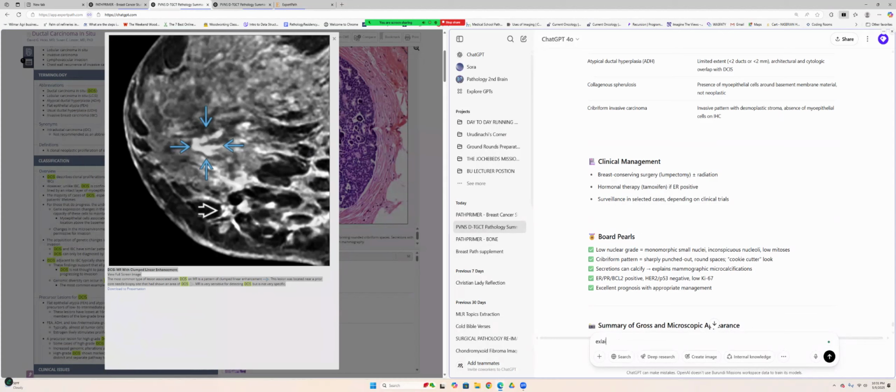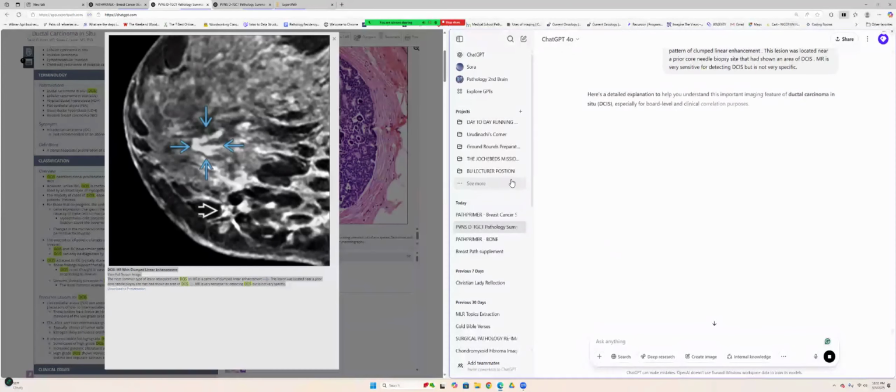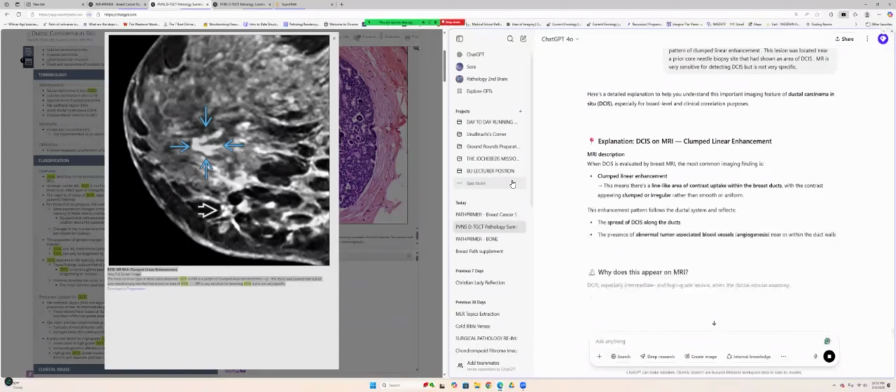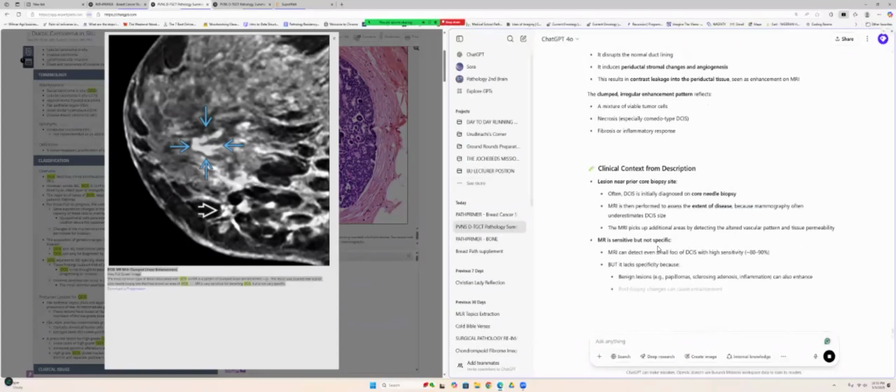Is it magnetic resonance imaging for breast? Okay. As MRI is sensitive for, but not specific. You can detect even small foci of DCIS.